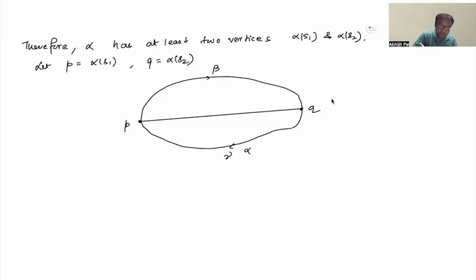So first, what we will show is the following. Suppose this is my line L and you take a unit normal vector perpendicular to this line L. So take a unit normal vector like this.